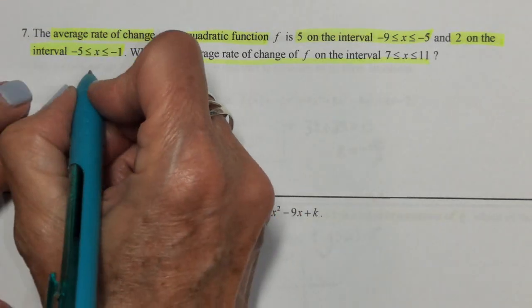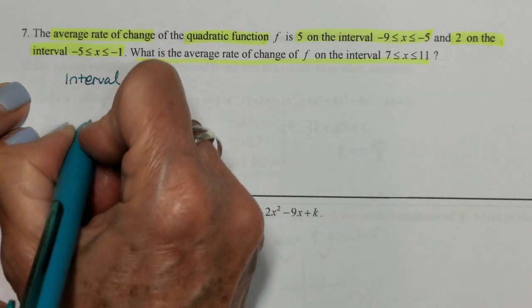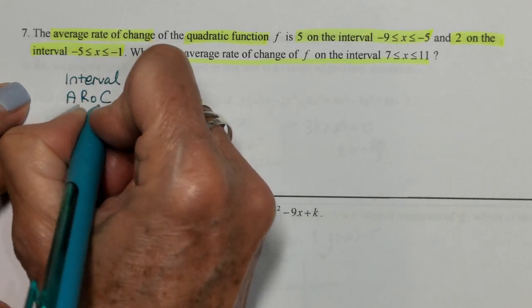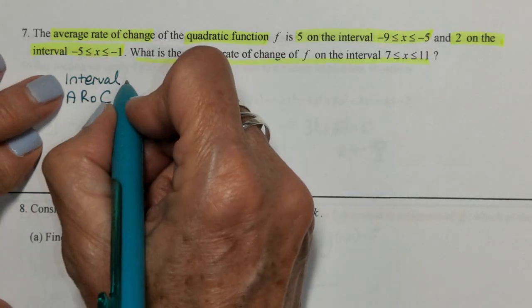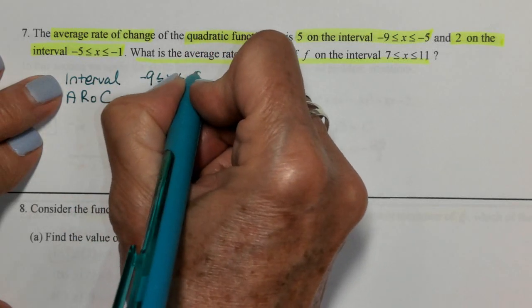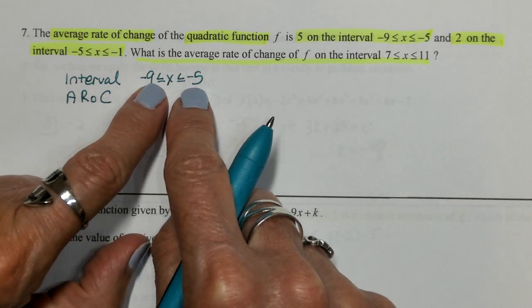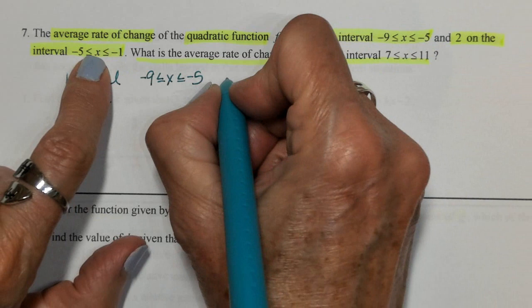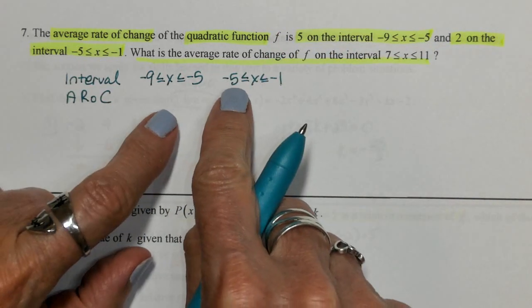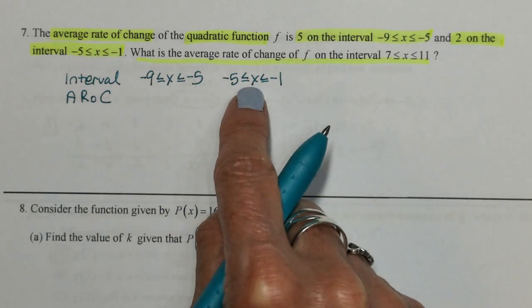All right. Let's set up a little table to help us organize interval and the average rate of change. The first interval they give us is -9 to -5. Notice that the distance between those x values is 4. The next interval is -5 to -1. We pick up where we left off, and that distance is also 4.